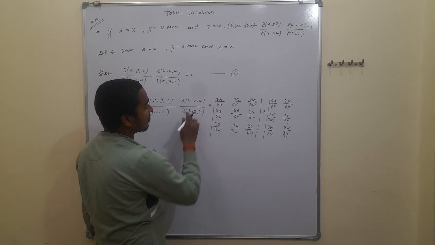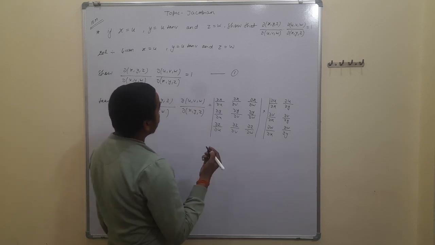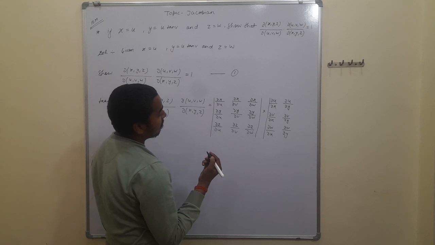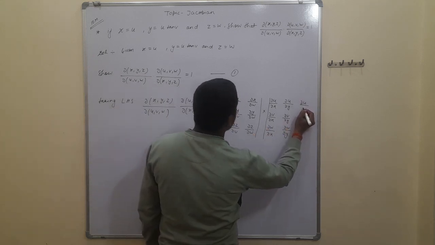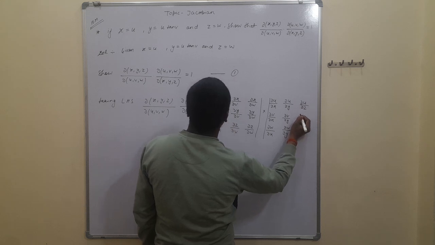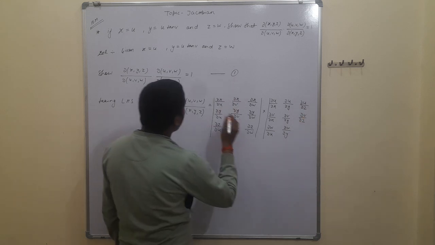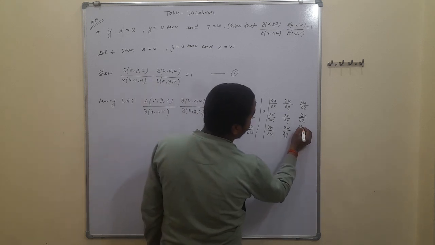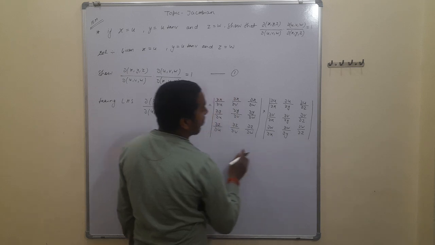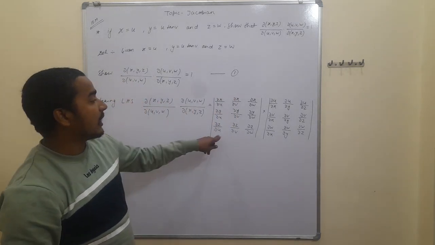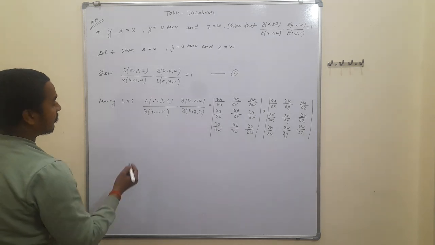For the third, del u upon del z, del v upon del z and del w upon del z. We have to find the value of these and put them in the determinant. Further, we have to solve the determinant.